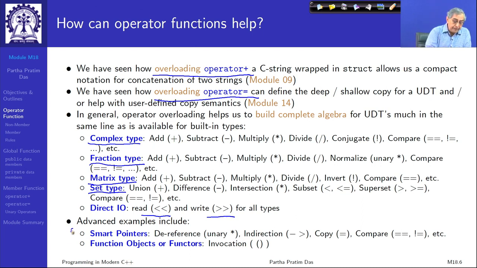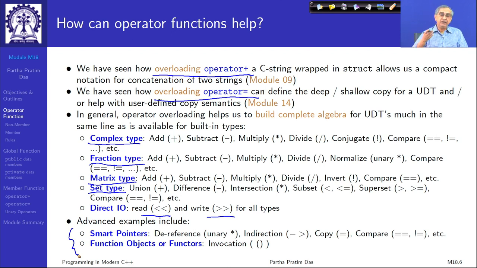Further, these will not come as a part of this module, because each one of these is by themselves very deep. One is, can I have smart pointers? Can I have operator overloading for the pointer operations, which is dereferencing and indirection and copy and compare and so on?